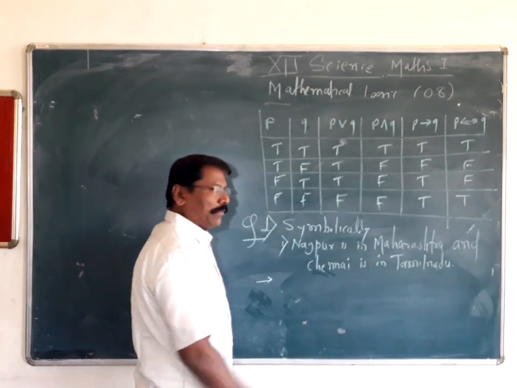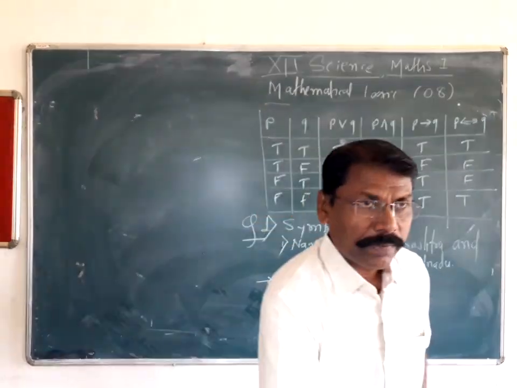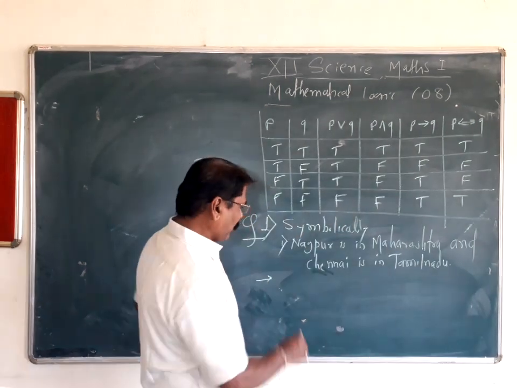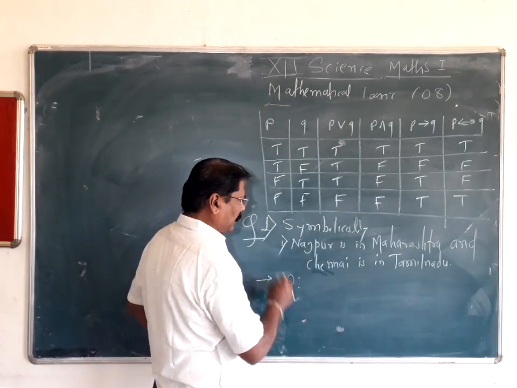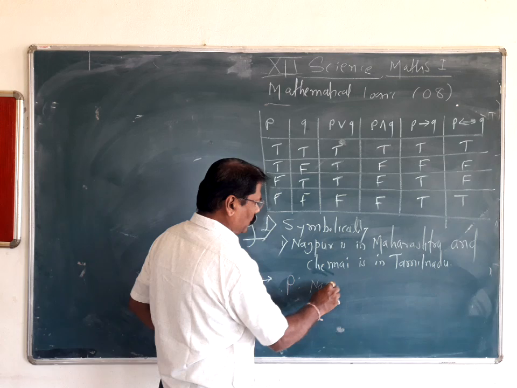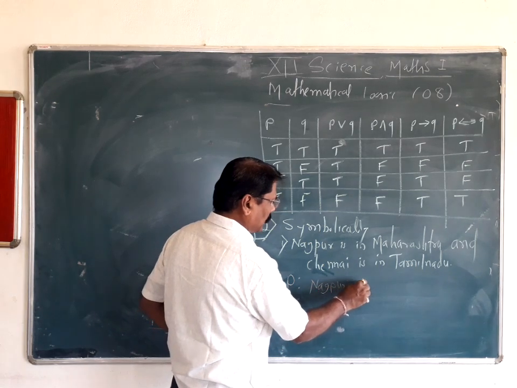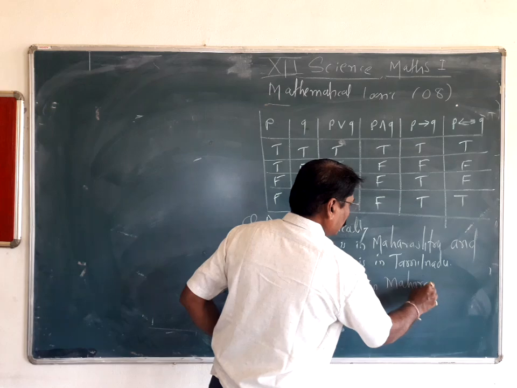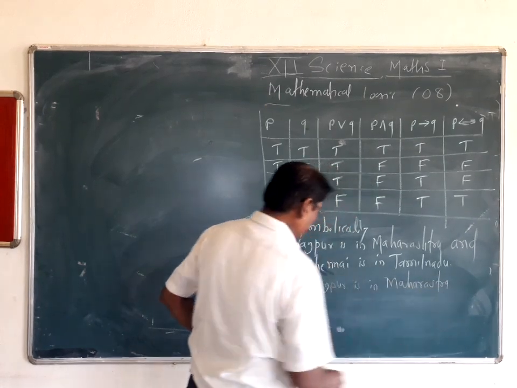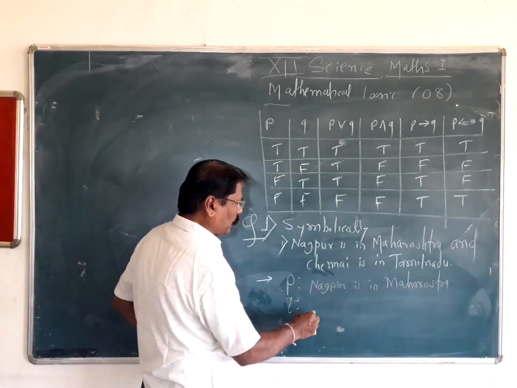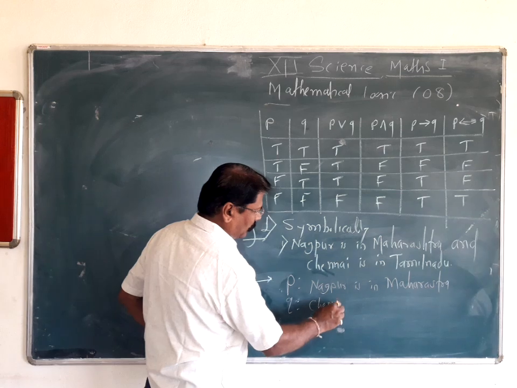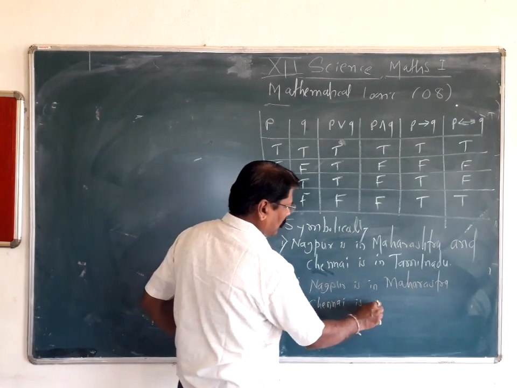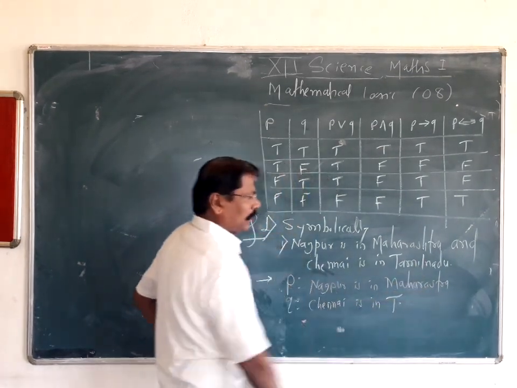We are going to write in symbolic form, so use abbreviation symbols. Say the first statement is called P, that is, Nagpur is in Maharashtra. And the second statement is written as Q, Chennai is in Tamil Nadu.